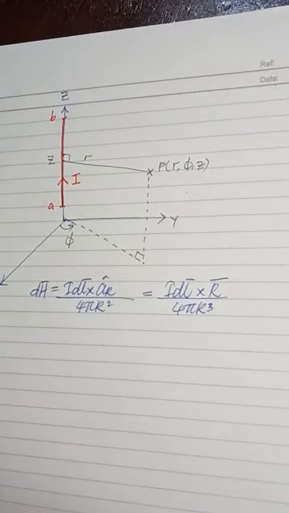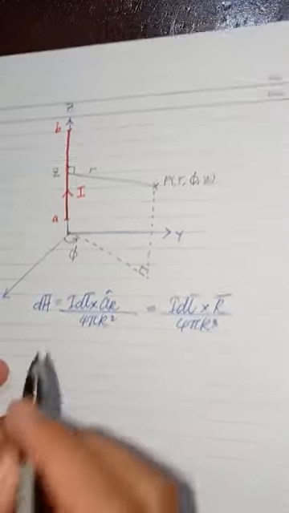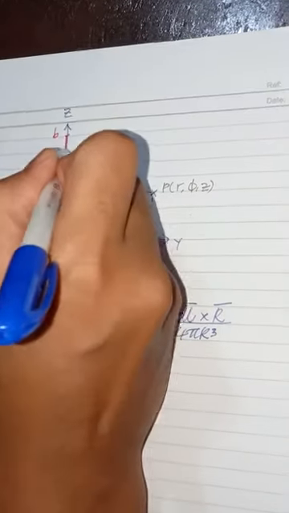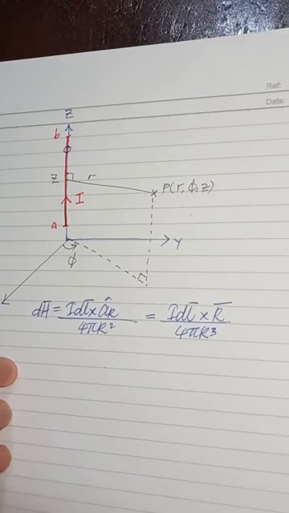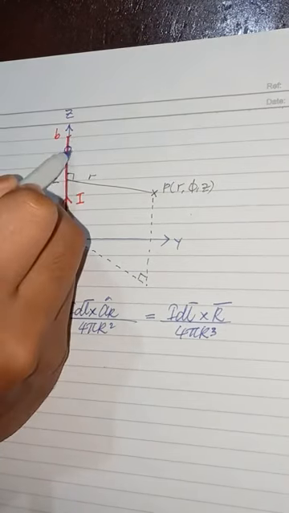So the first step, now you have to choose or select any point within the line current to be our sample current or our current element. Let's say this is the position of my current element, I choose from here. Then let's join the current element to the point of interest.